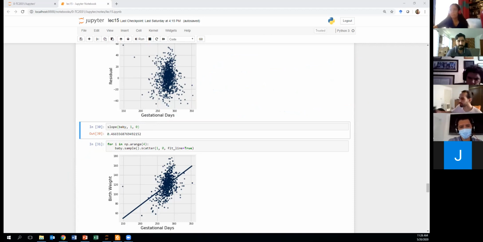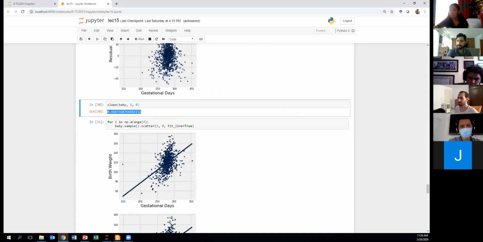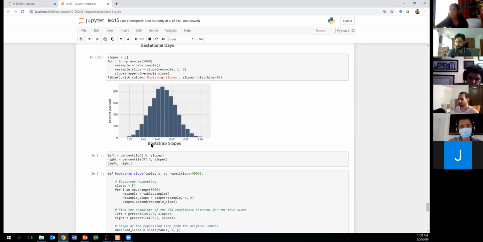So now what I did here is, I calculated the slope for 5,000 samples from my table, and I get this histogram. Based on this extra explanation, can anyone tell what it means?